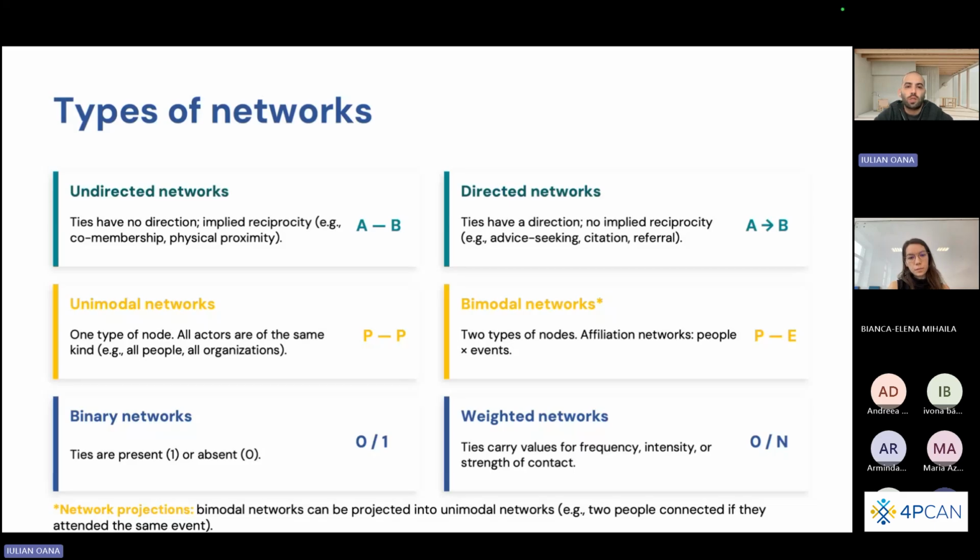In undirected networks, we have ties which are implicitly reciprocal. So we deal with simple lines. If we have a tie from A to B, that's implicit from B to A. So the representation can be a simple line. We don't need arrows because they are redundant.